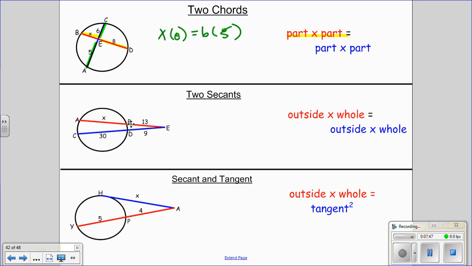If it's two secants, then it is outside, and then this is the whole. And then again, outside, and this is the whole. So outside, which is 13, times the whole, x plus 13, is equal to outside, which is 9, times the whole, which is 9 plus 30, or 39. So we're going to practice using all of these theorems, so don't worry.